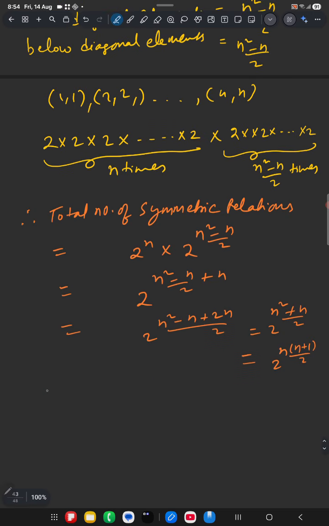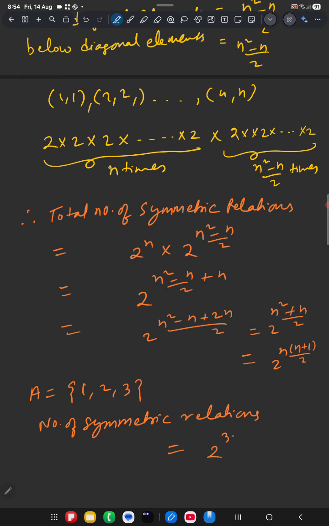Now we will test it for the set containing 3 elements: 1, 2 and 3. So what will be the number of symmetric relations? Now you can find out using this formula. Symmetric relations will be 2 raised to the power 3 into 3 plus 1 by 2.